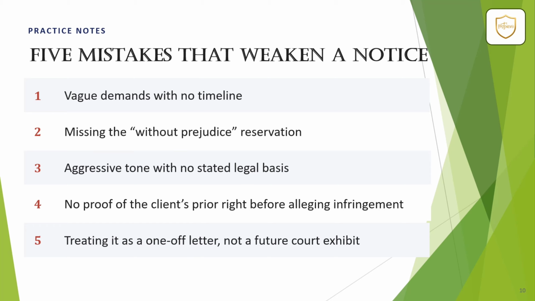Another is an aggressive tone with no stated legal basis, and no proof of the client's prior right before alleging infringement, and you are treating it as a one-off letter that you are not going to exhibit in court further.